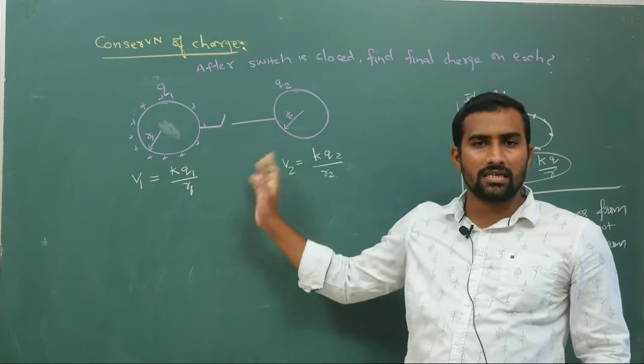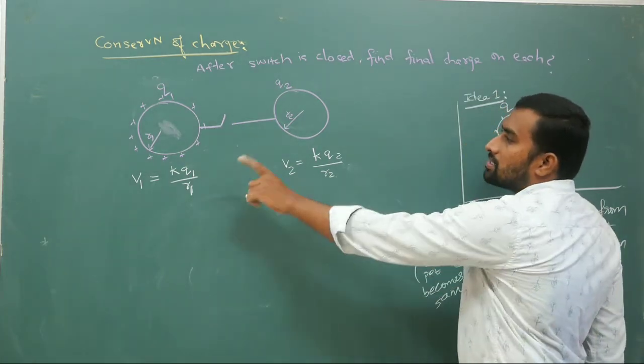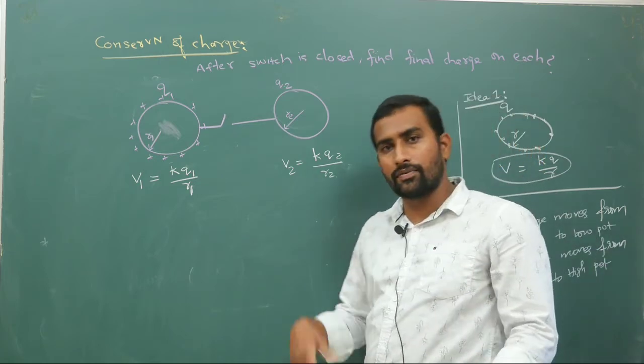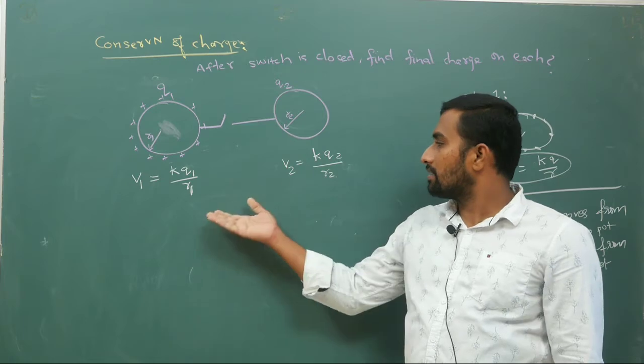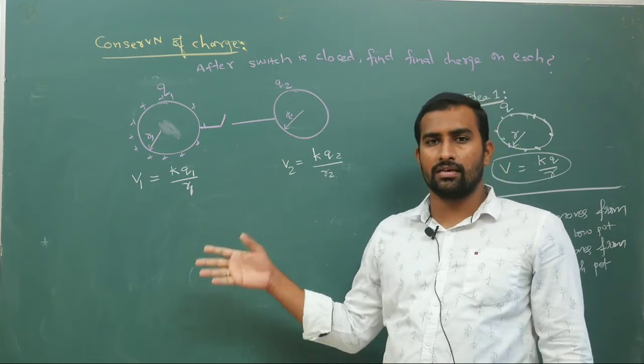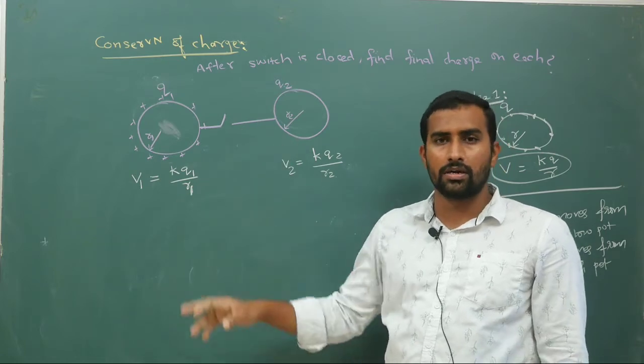Final charges and initial charges will both be equal. But let us say this is not the case. I am assuming it. If in the question he gives this just to mislead, there is no point in doing anything. Directly you don't need to do anything. The direct answer is that because the potentials are equal, no charge transfer will happen from here to here.